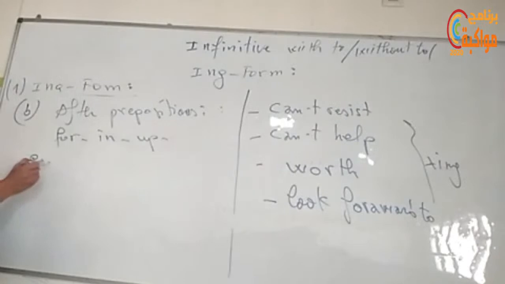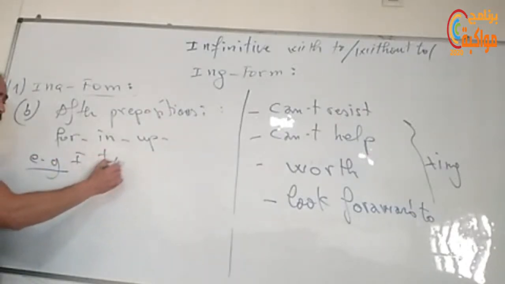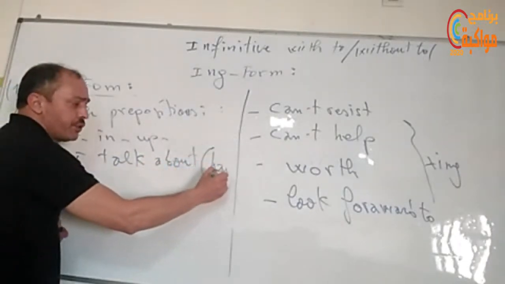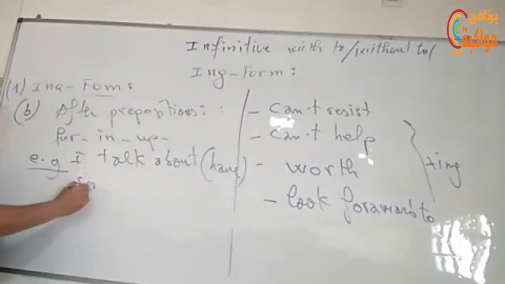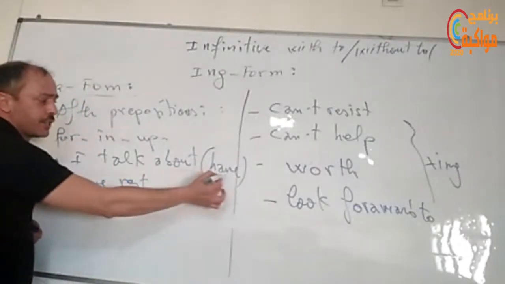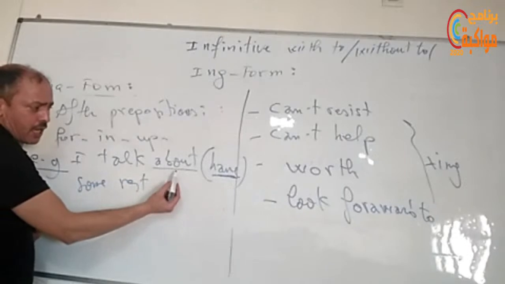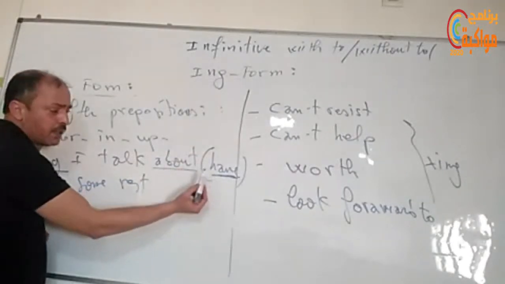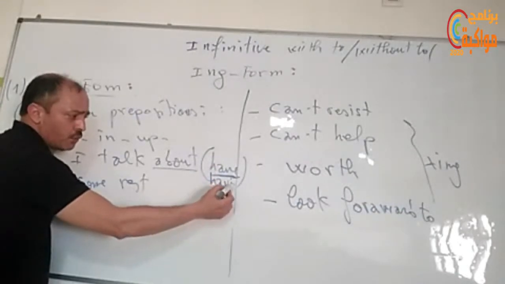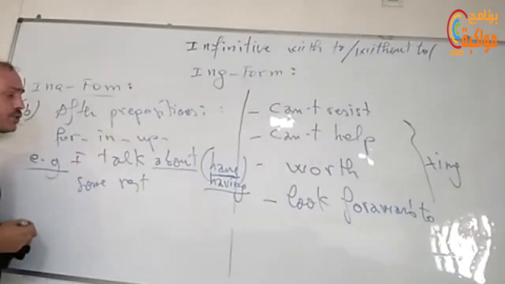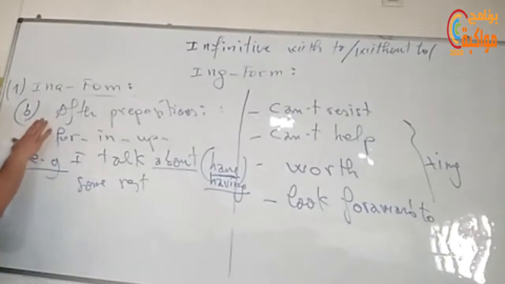For example, "I talk about having some rest". Have is between brackets, it is preceded by a preposition, so this verb should be formed into ing form. It is having. Generally speaking, if you find any preposition followed by a verb, this verb should be put into the ing form. This is the second use of the ing form.